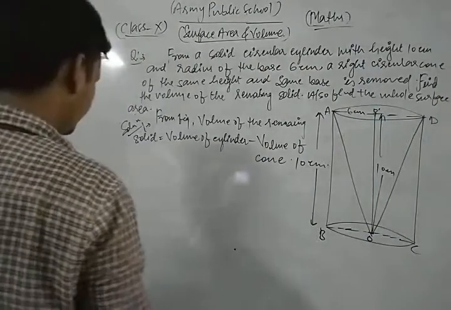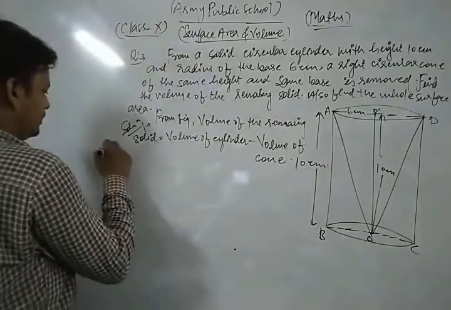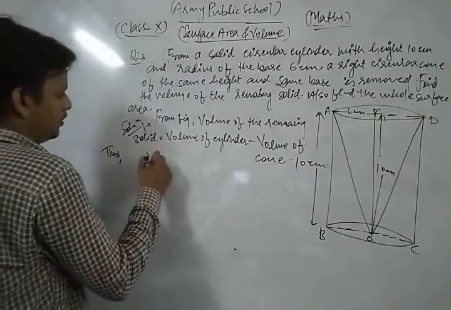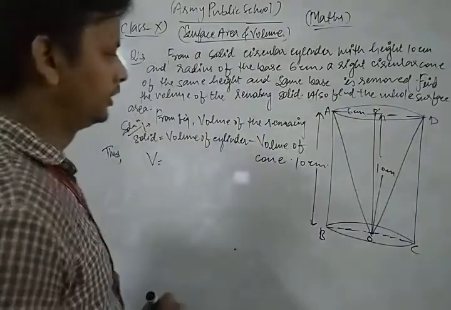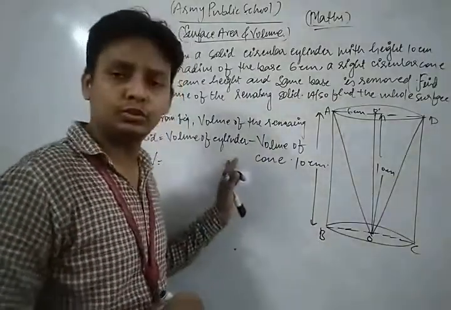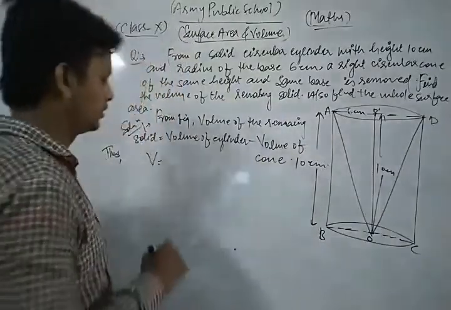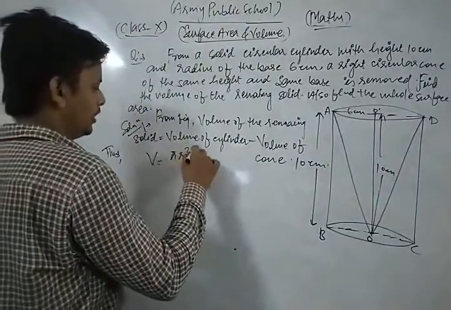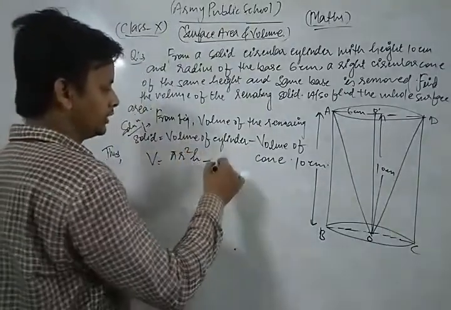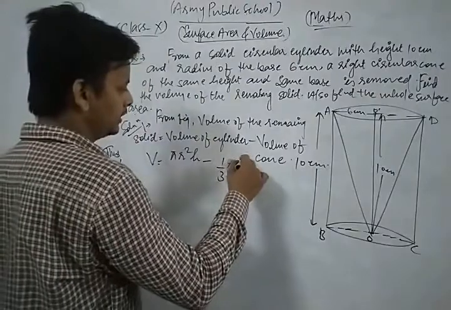Now look. Thus, the volume of the remaining solid V is equal to the volume of the cylinder. You know the formula: pi r square h, minus the volume of the cone, which is 1/3 pi r square h.